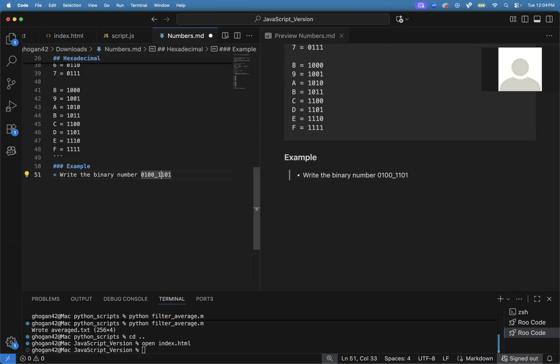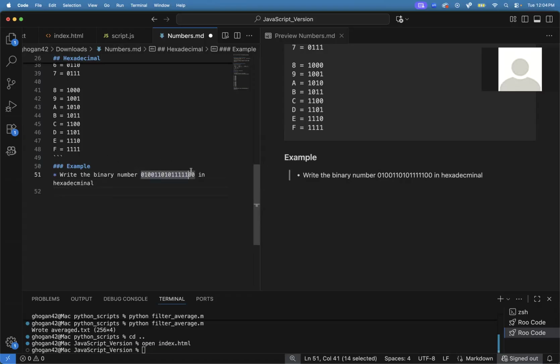So here's a binary number with, I don't know how many digits. Hopefully it's divisible by 4. So we want to do that.